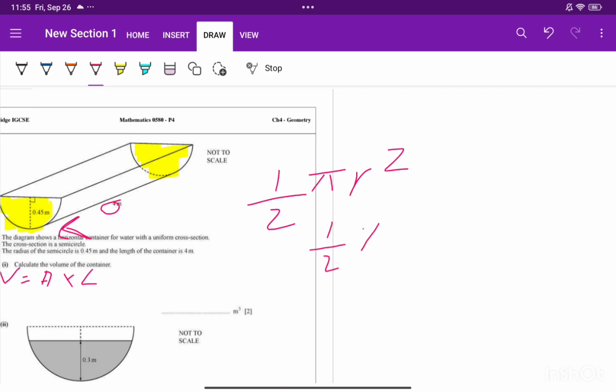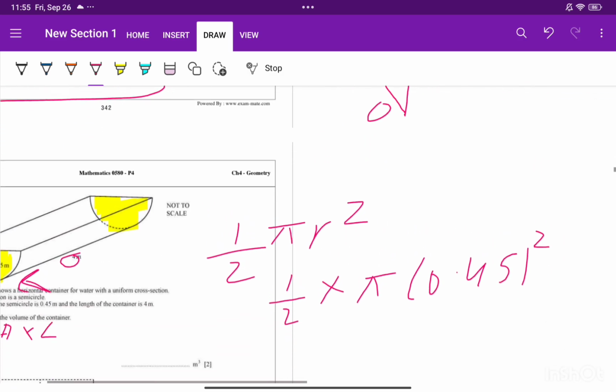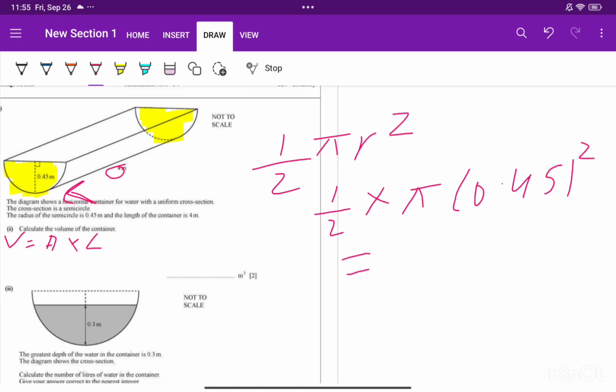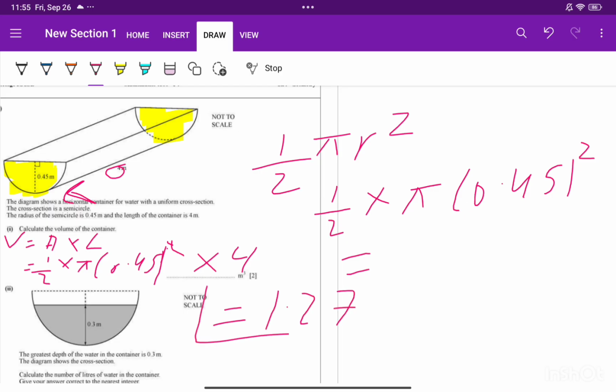So half multiplied by pi multiplied by 0.45 square. I'm doing it directly in calculator: half multiplied by pi multiplied by 0.45 square multiplied by length 4. The calculator gives 1.27. This is our answer.